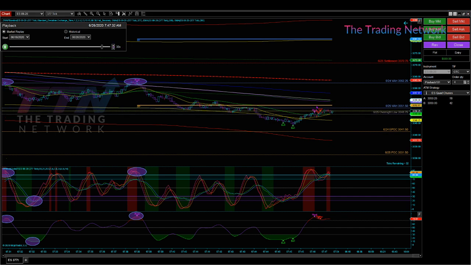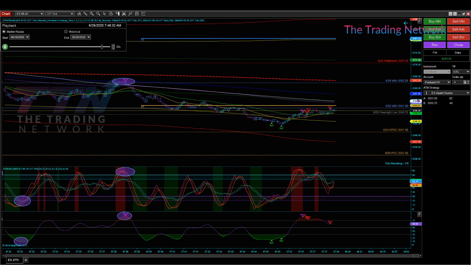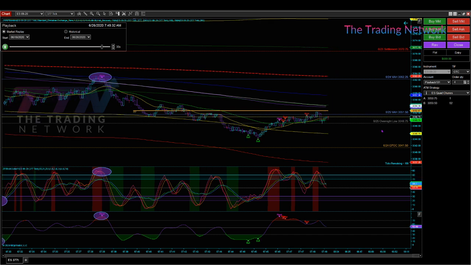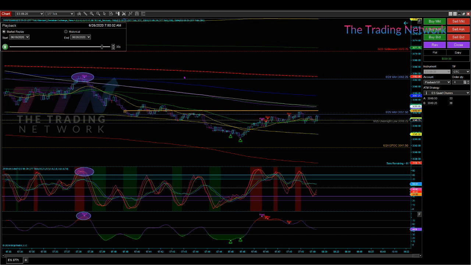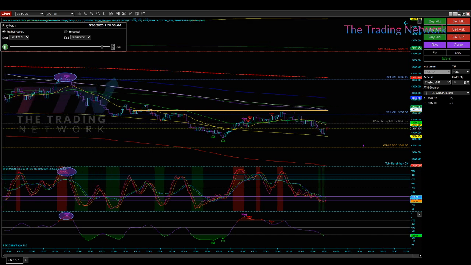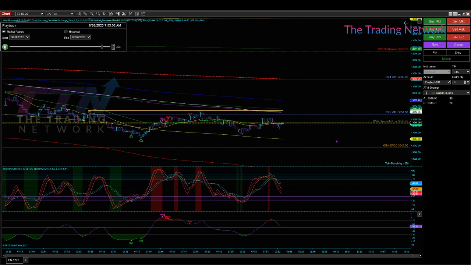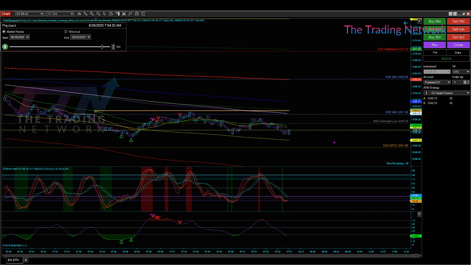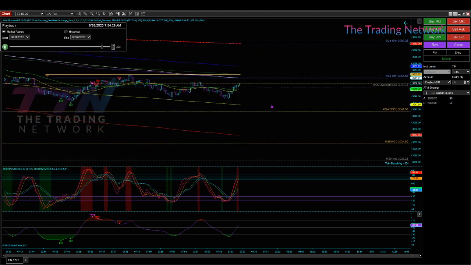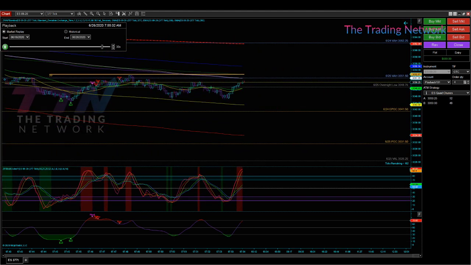But if I speed it up a little more here, you can see that throughout the day, the price structure is based off of these profile levels and the reaction to them. And as the day went on, all of these profile levels were broken to the downside.